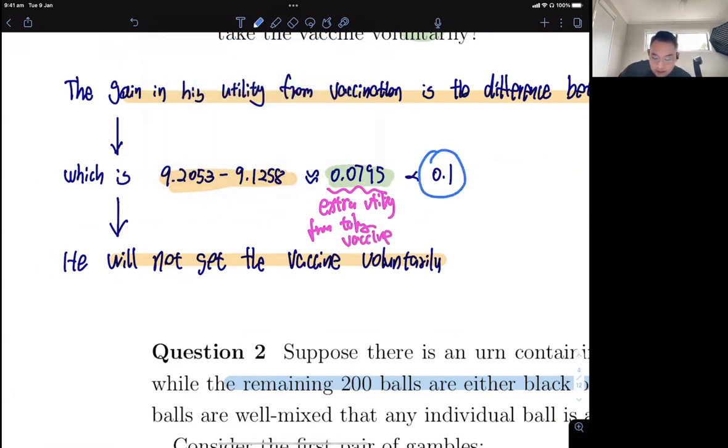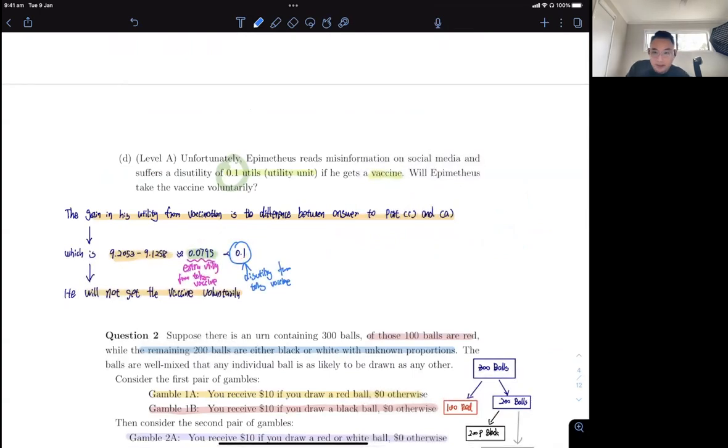On the right-hand side, that's the disutility from taking the vaccine. Obviously the disutility is greater than the extra utility gained from the vaccine, so he will not voluntarily take the vaccine. All right, that's question 1D.